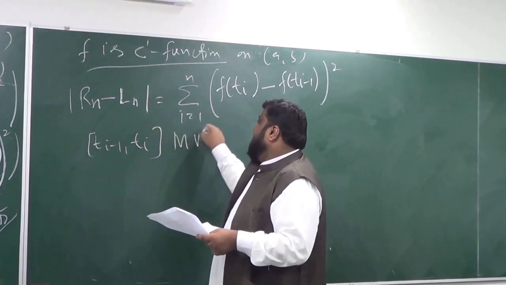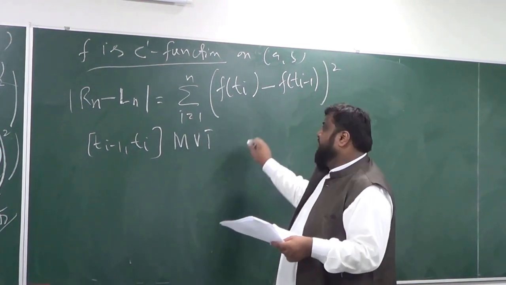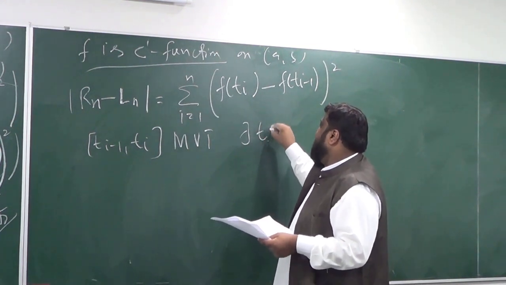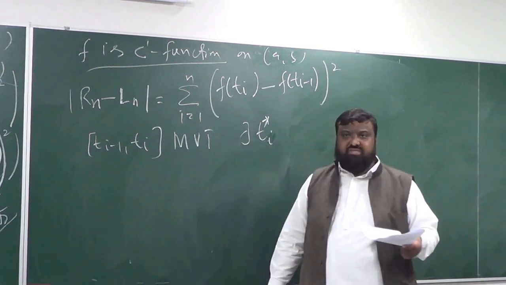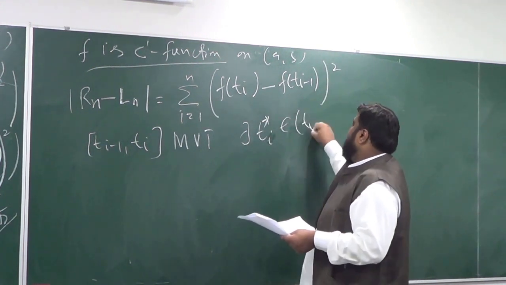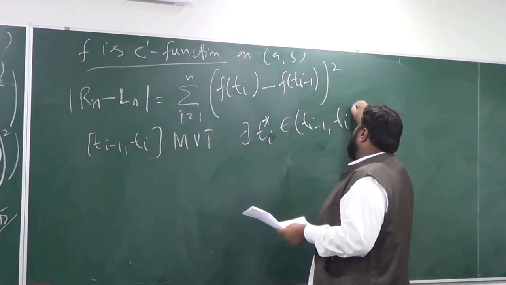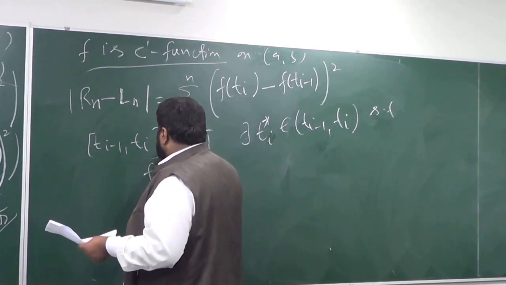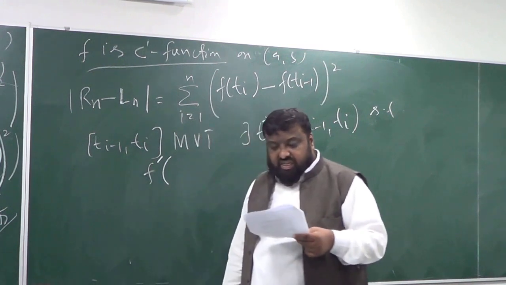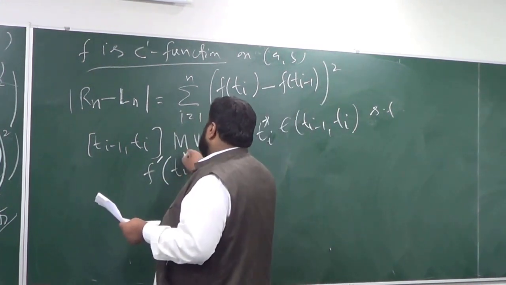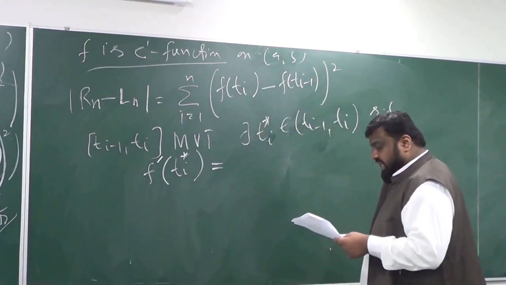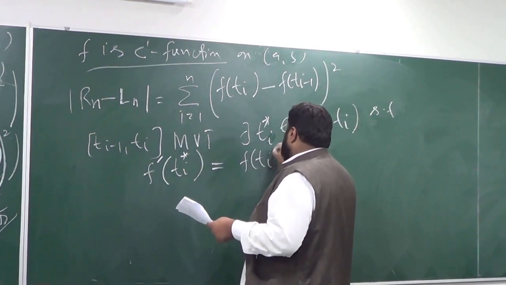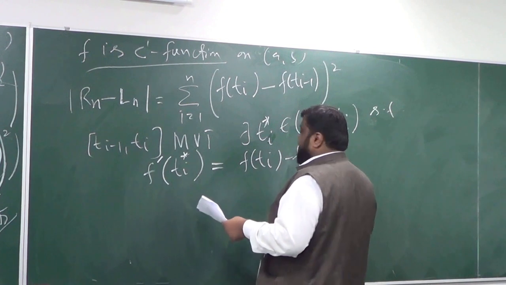So you have the mean value theorem, which tells you that you can find ti star in the interval ti−1 to ti such that the derivative of the function at this point is equal to the average, f(ti) − f(ti−1) divided by ti − ti−1.